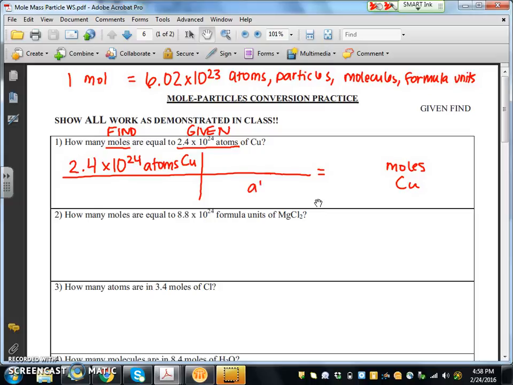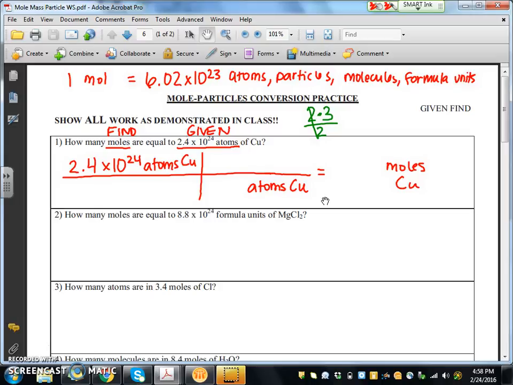The reason why I do this is because similarly to in math, where if you had a problem that said 2 times 3 divided by 2, you would cancel out the 2's. We want to do the same thing with our units. We want to be able to cancel out the word atoms because I see that it's not going to be in my final answer. So we need to get rid of it by putting it on the bottom.